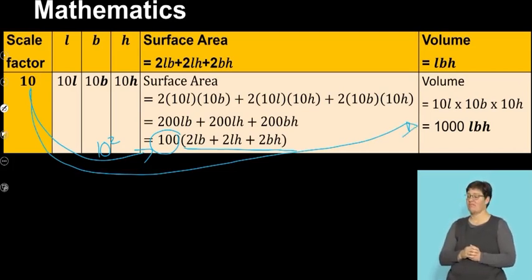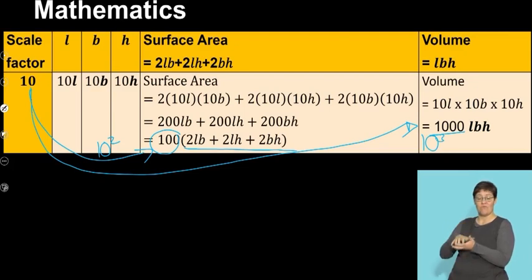We can see that 1,000 is actually 10 cubed. And if we look at this connection between the scale factor and the new volume, the new volume is equal to the scale factor cubed times the old volume. Cool, guys?